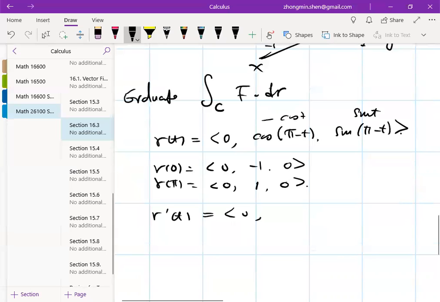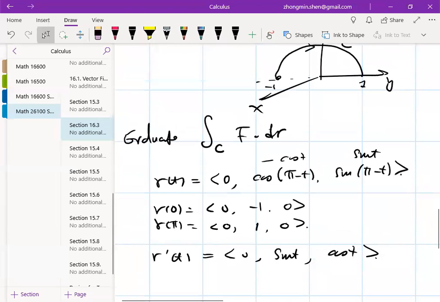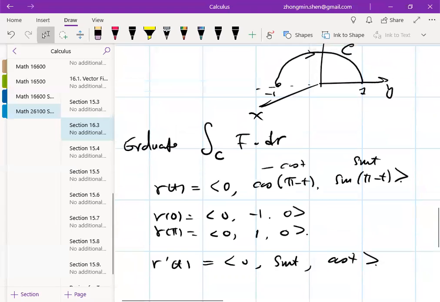Okay, so when you differentiate, that will be sine t, and cosine t is the derivative. Hold on. When t is 0, it's here, so sine and cosine are both positive. And when t is greater than pi over 2, it's here. X is positive, y is negative. Yeah, that's correct. All right.